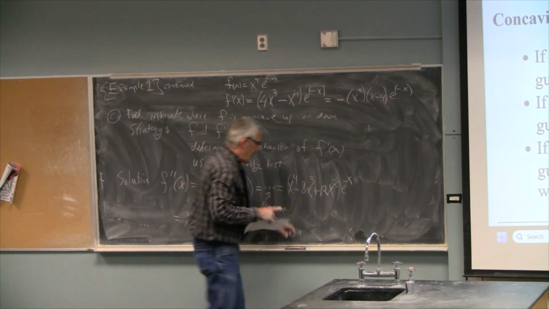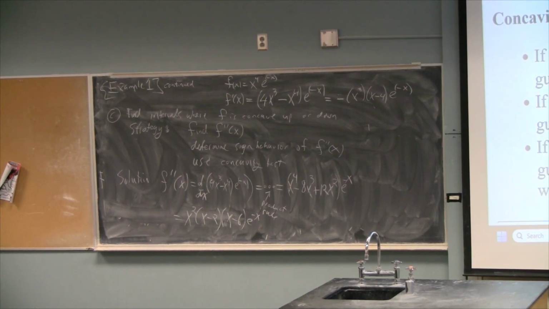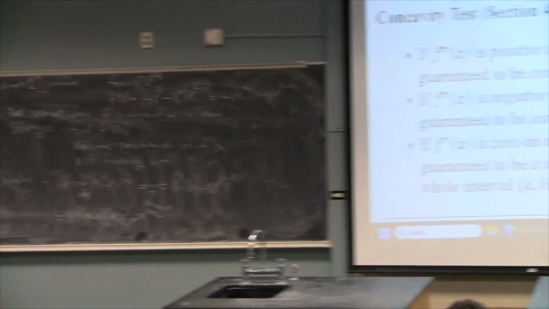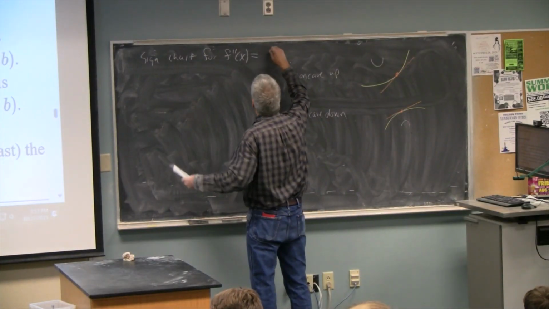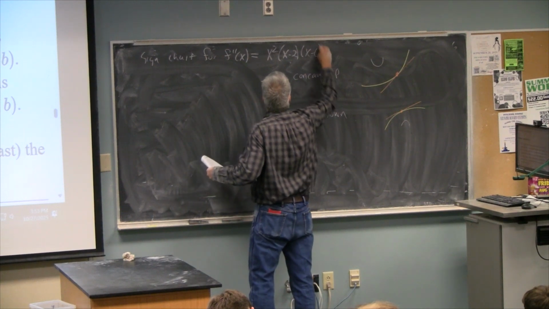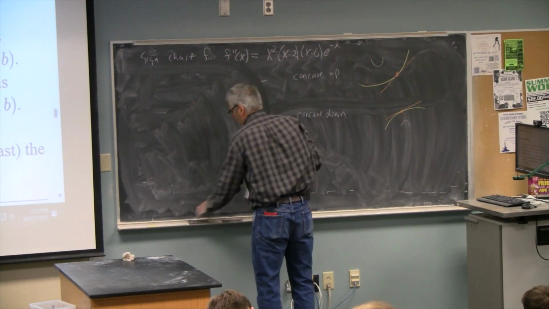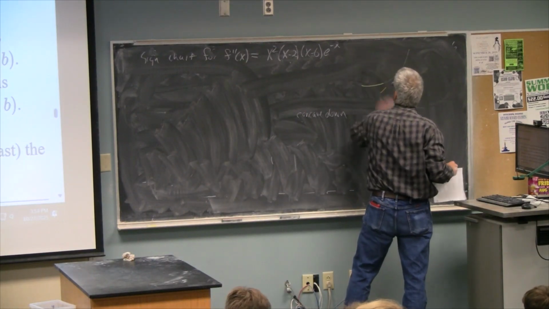Now I'm not going to draw the whole table, but I'm going to draw the first and last columns. So here's a sign chart for f double prime of x, and I'm going to write it out here again. x squared, x minus 2, x minus 6, e to the minus x. Now notice we can expect that there are 3 x values where f double prime is going to be 0.